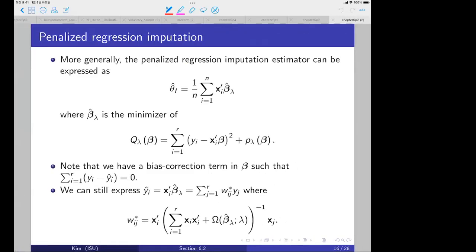And now, that's not the end of the story. We can move on. We have a lot of interesting penalized regression, right? So we can do the same thing, in some sense. More generally, maybe we can use penalized regression to develop the imputation, naturally. And the first thing to make sure is that we want a bias correction, in the sense that we really want the sum of the residuals equal to 0.